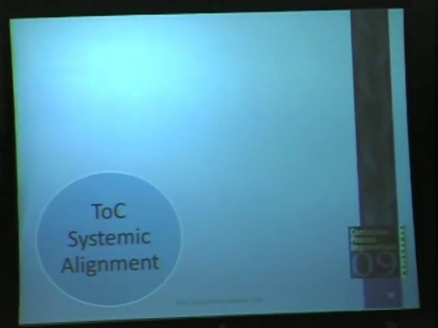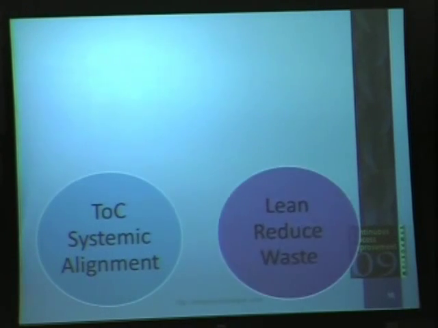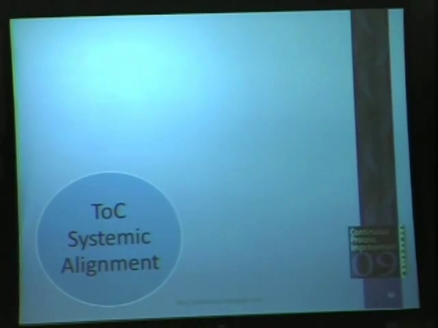So TLS combines these three methodologies. We use TOC to create a systemic alignment with our strategy and with the value that the organization is creating. Let me back up a little bit. We use TOC for systemic alignment, but we also use TOC for focus to find the leverage point.